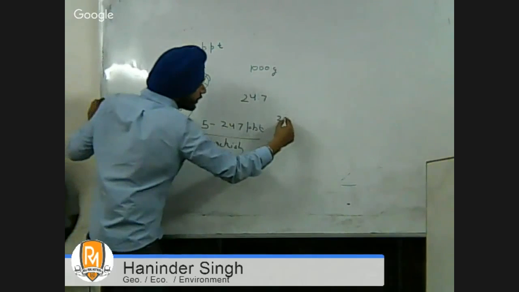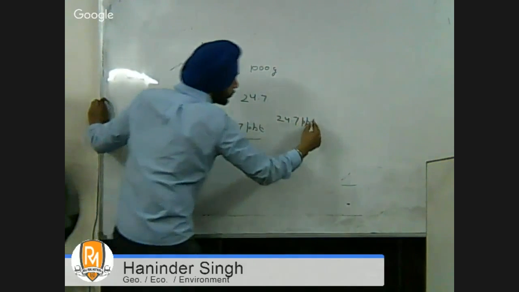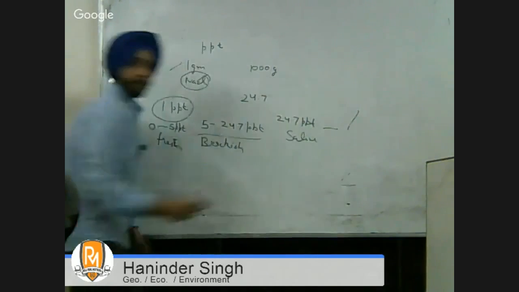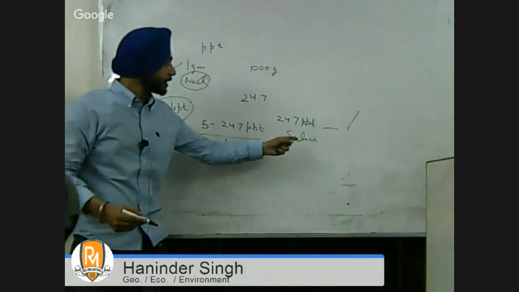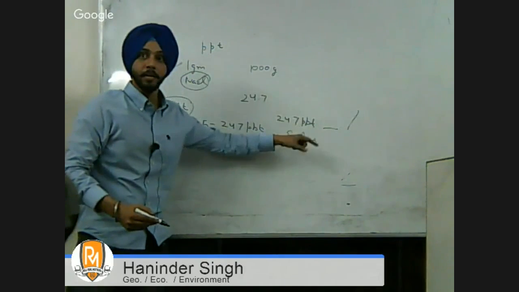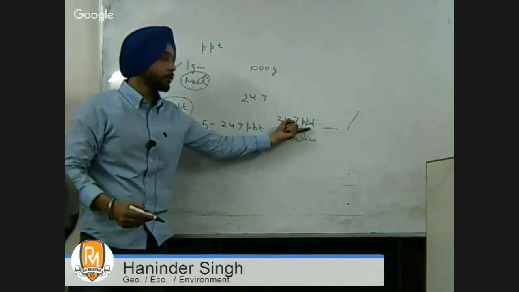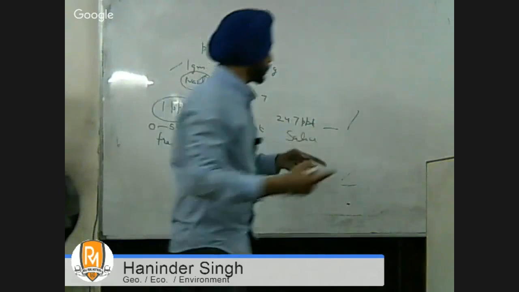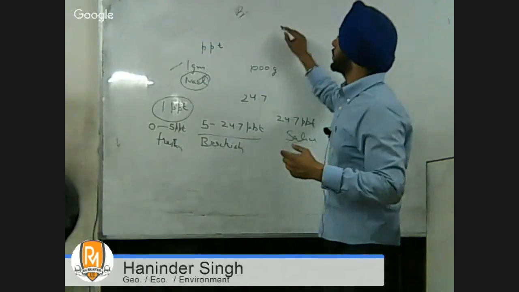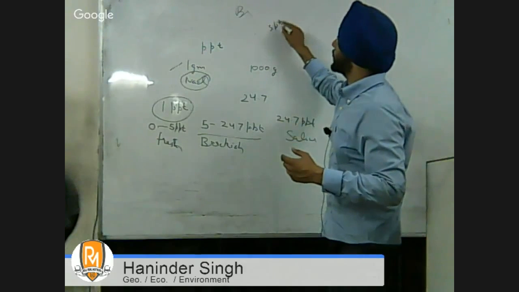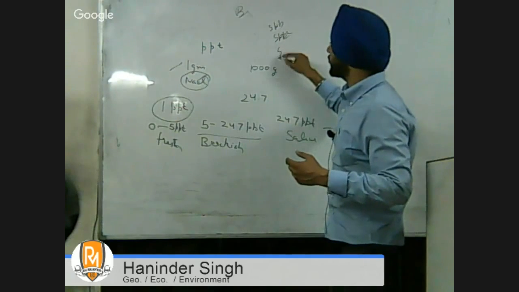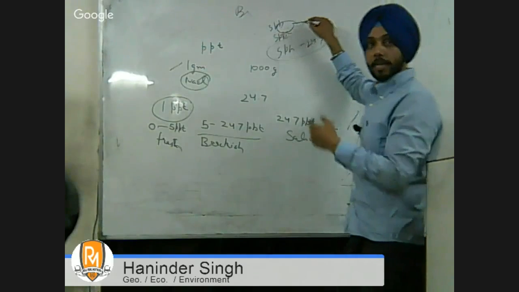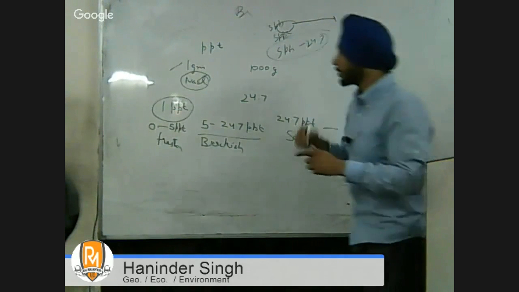If it is 24.7 ppt to anything above, the water is known as saline water. So if we say that oceans have salinity, it means every ocean in the world has more than 24.7 ppt salt. A question can come: brackish water is greater than 5 ppt? The answer is, not just greater than 5 ppt, because then it would also include saline water.